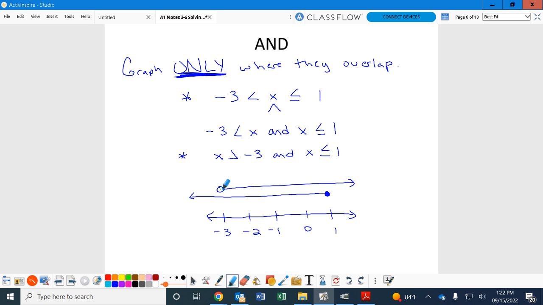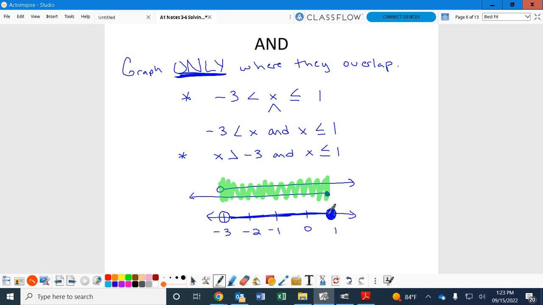It goes from here all the way up to here. That's what you're dropping down onto your graph. You're dropping down where they overlap. So your graph is going to go from an open dot right here on the negative 3 up to a solid dot on the 1, and you're going to shade everything that is in between.